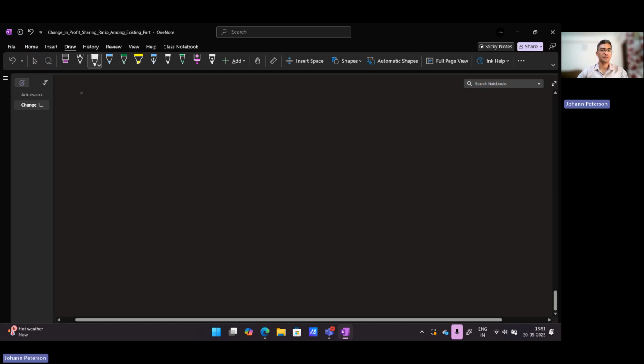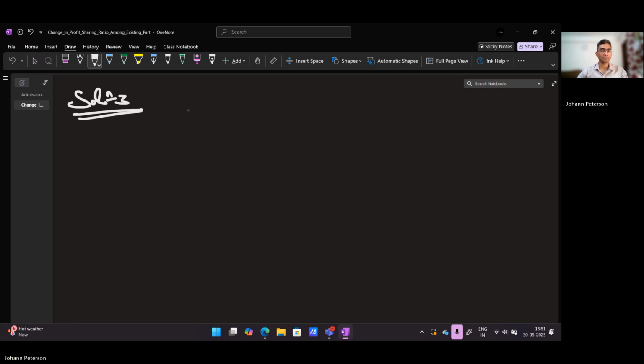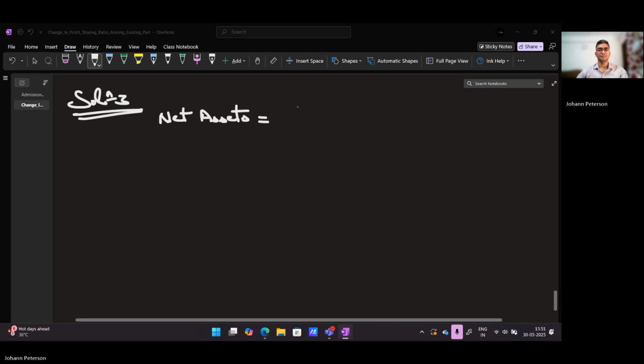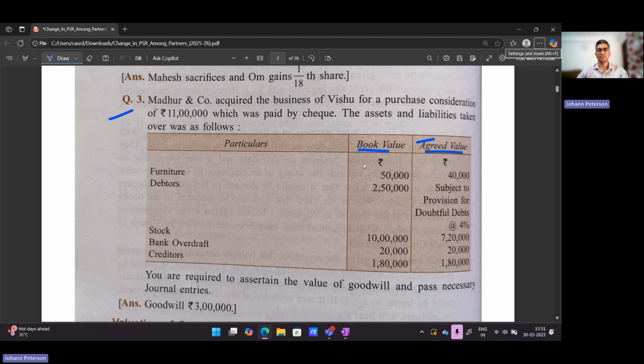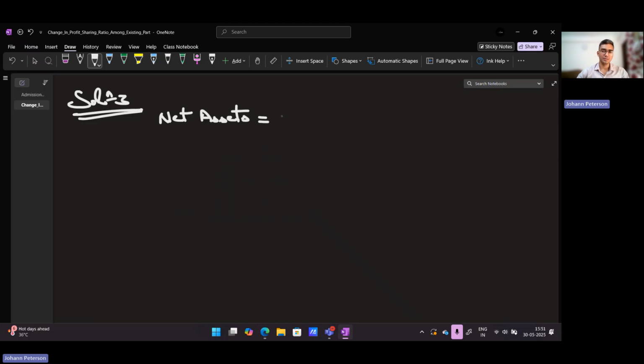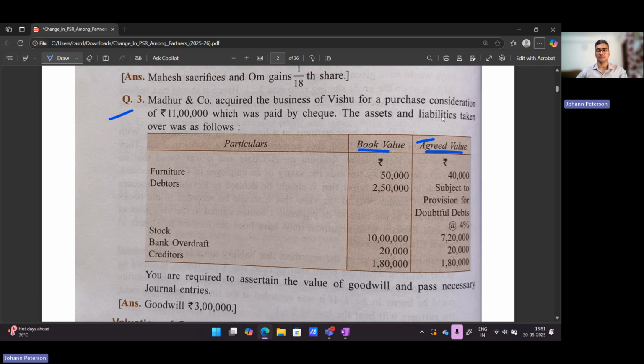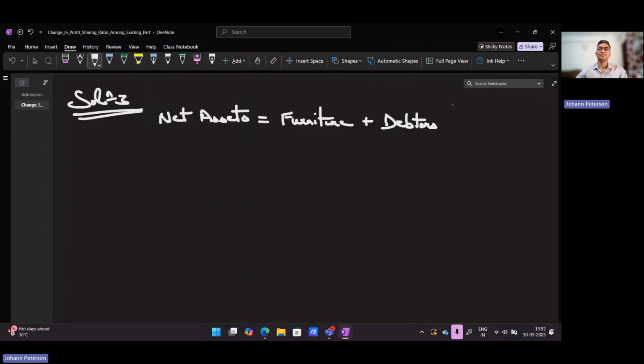this is question 3. Our net assets equals furniture plus debtors. Now, these debtors will be our net debtors because over here we have been told we have to give a provision.